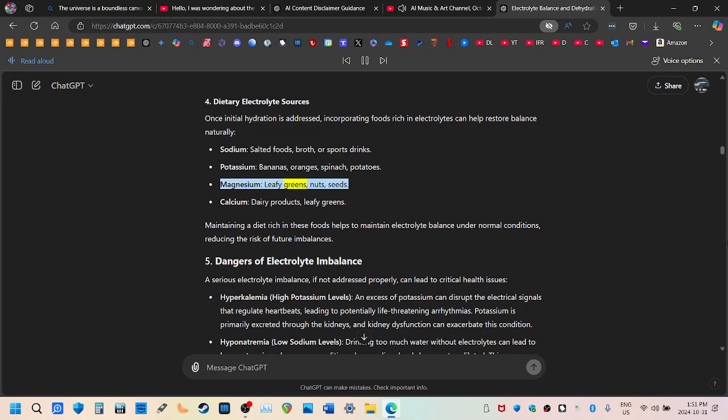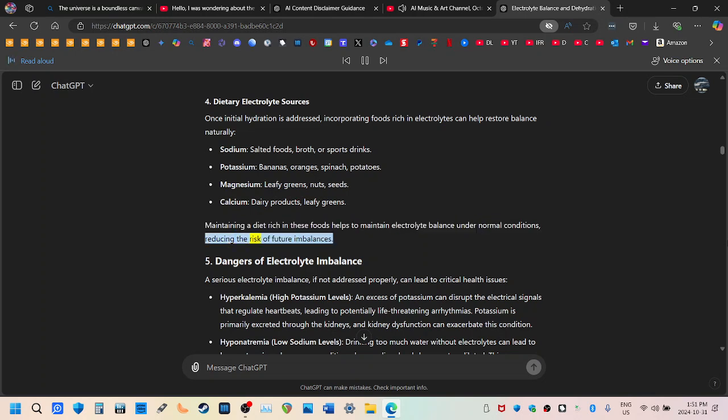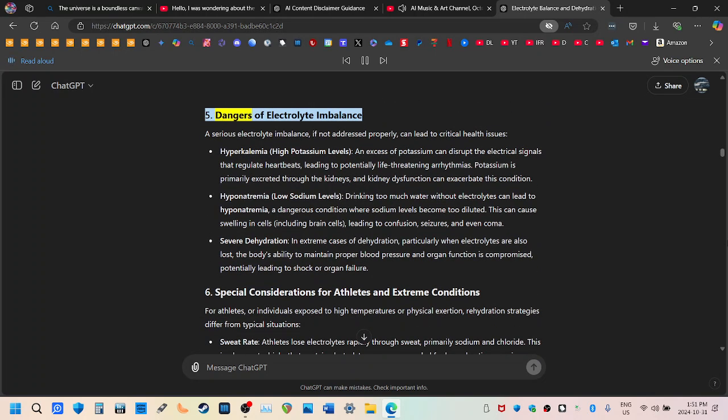Magnesium: leafy greens, nuts, seeds. Calcium: dairy products, leafy greens. Maintaining a diet rich in these foods helps to maintain electrolyte balance under normal conditions, reducing the risk of future imbalances.